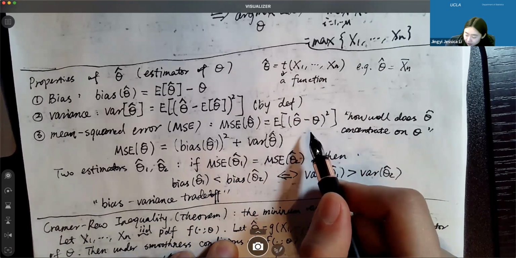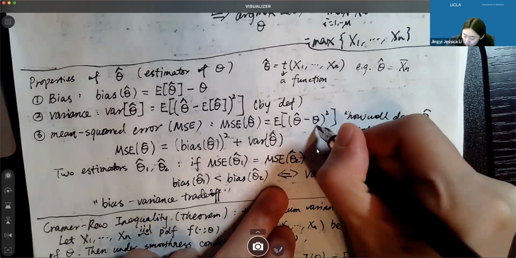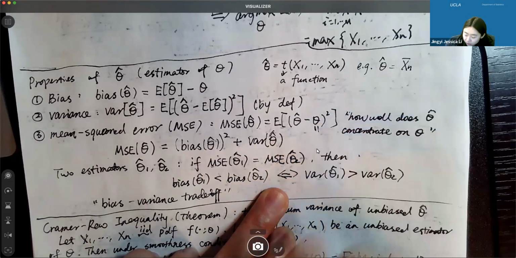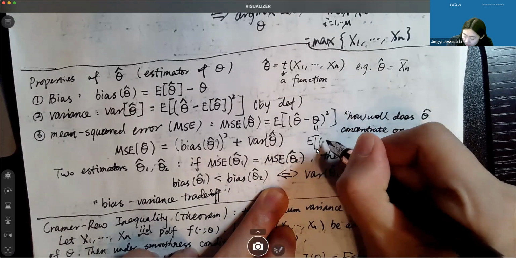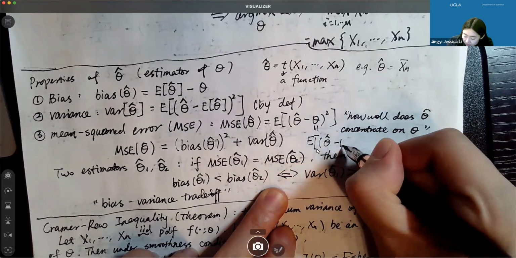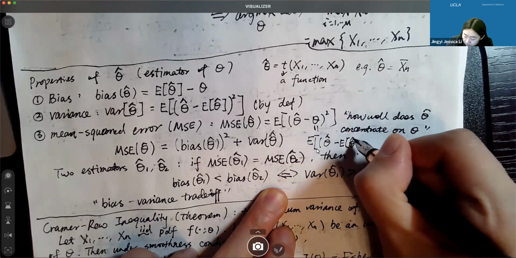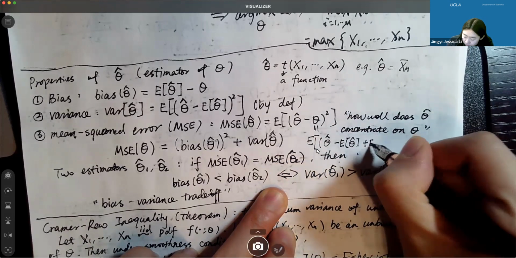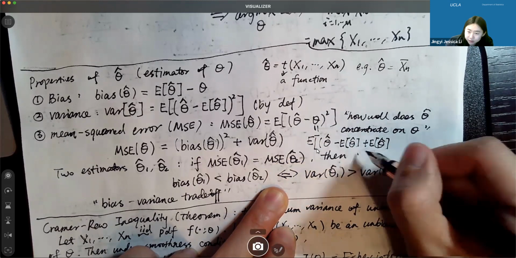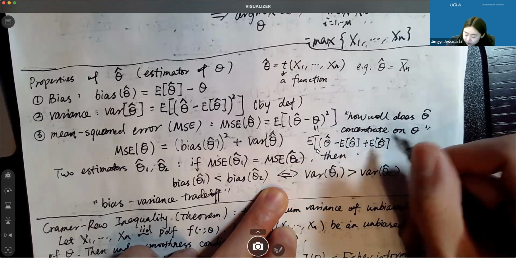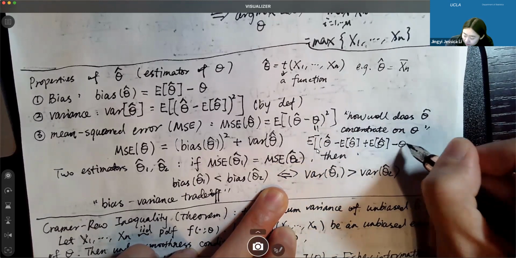To go from here, what you need to do is to write the square as theta hat minus its expectation plus its expectation. When we do this, we are basically doing nothing; minus and plus cancel each other, minus theta square.